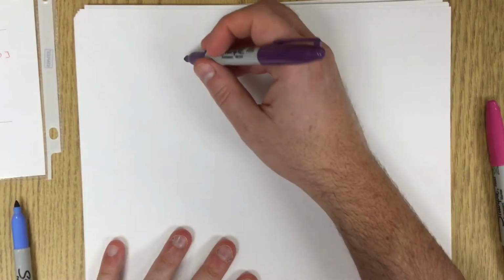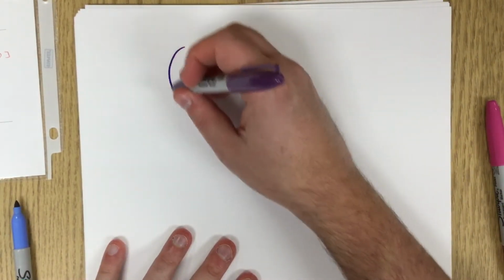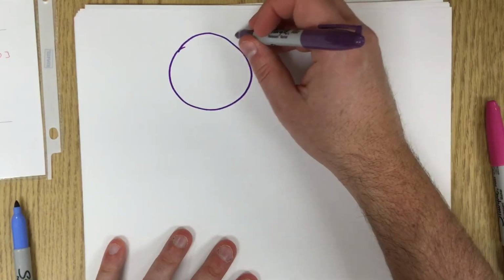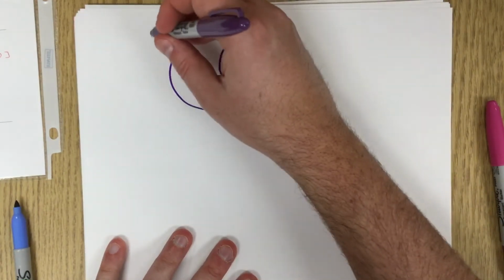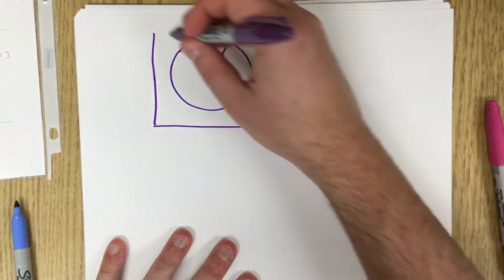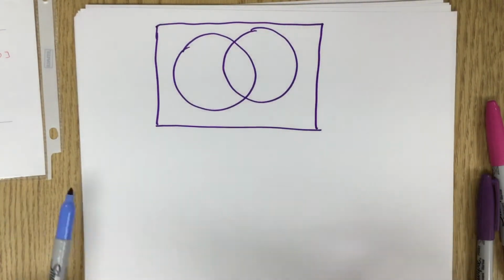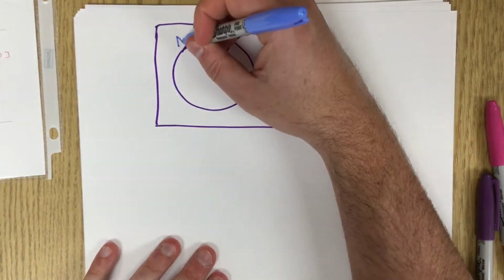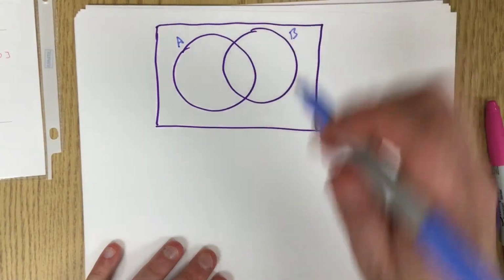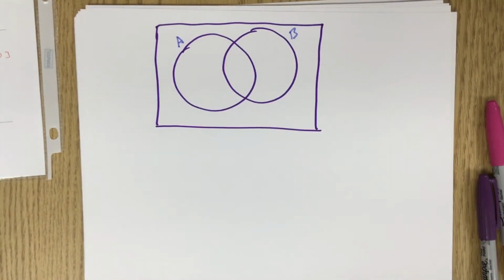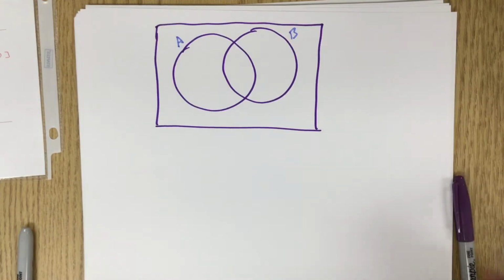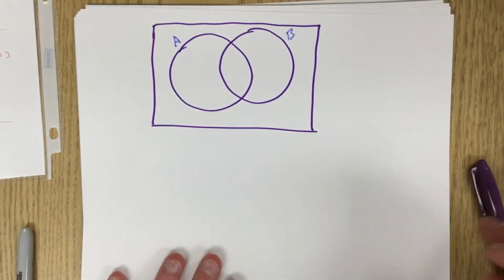Let's change it up a little bit. We're going to stop with actual names now. I'll make this a little smaller because I want to be able to refer to this. So that's going to be A. This is going to be B. What we're going to do now is, instead of describing things, I'm going to describe how many things are in there.